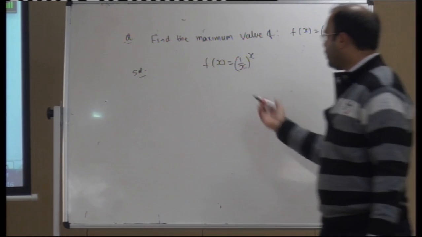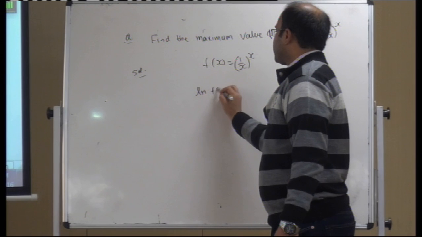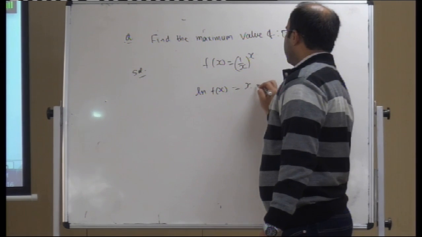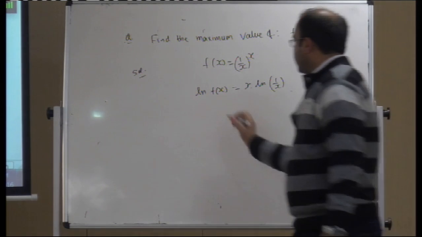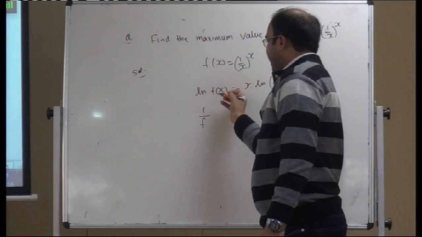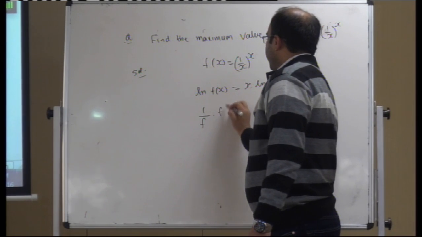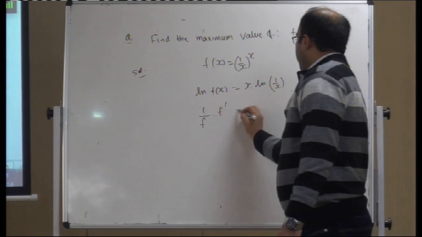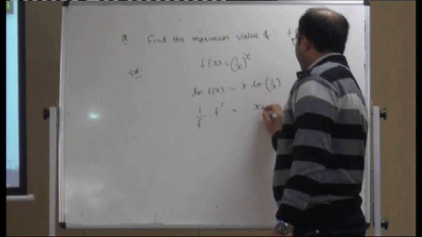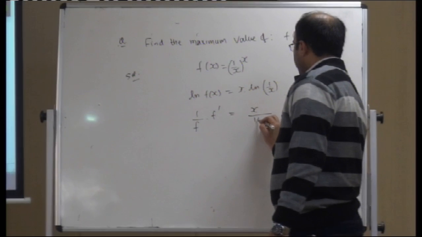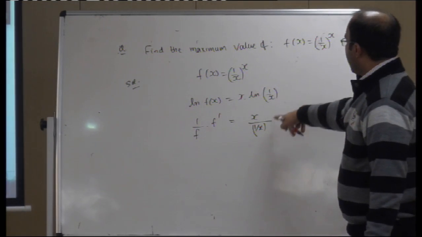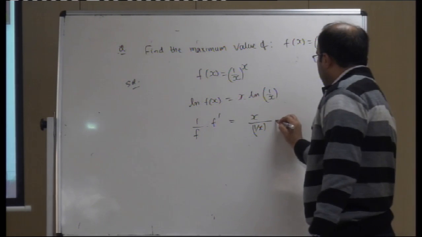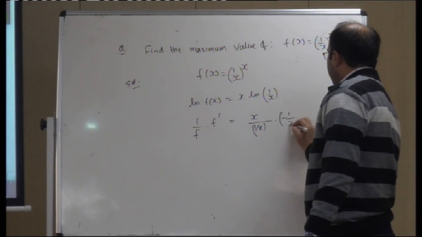So in that case, what we do is take the log of f(x) and write it like this: x into log of 1 by x. Then we differentiate this. This would give you 1 by f, let us write it as f only to make it shorter, f dash equal to x upon 1 by x into minus 1 by x square.